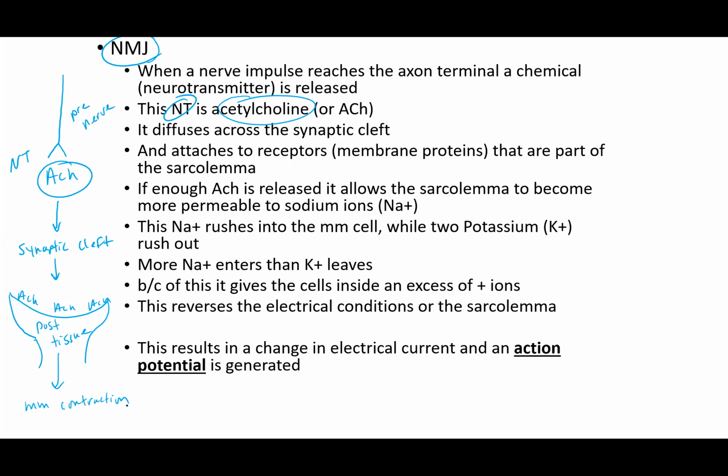If the nerve is going to your heart, it tells the heart to beat. If the nerve is going to your blood vessels, it tells your blood vessels to dilate or constrict. And if the nerve is going to your skeletal muscle, it tells it to contract, right?